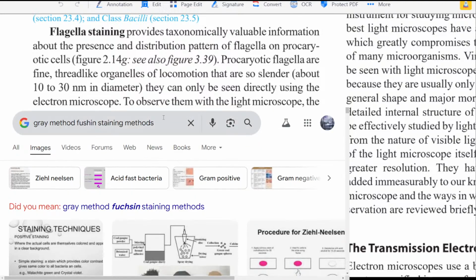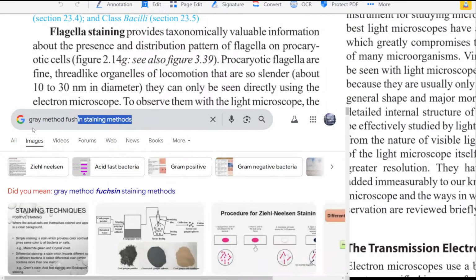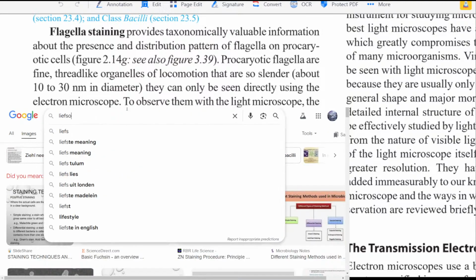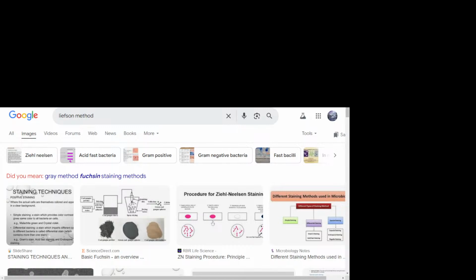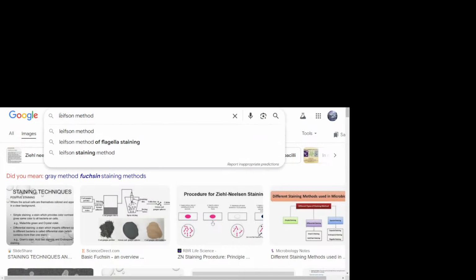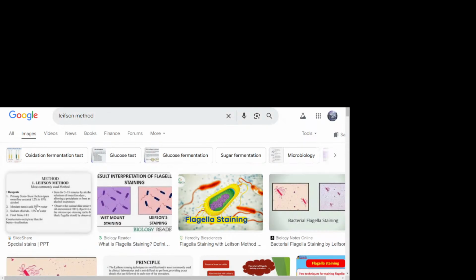This is not working. I have to go for the Leifson method. L-E-I, okay. Primary stain is basic fuchsin. The mordant is tannic acid and sodium chloride is the final stain. The counterstain is methylene blue for better visualization. This is wet mount staining. Well, this is Leifson staining.